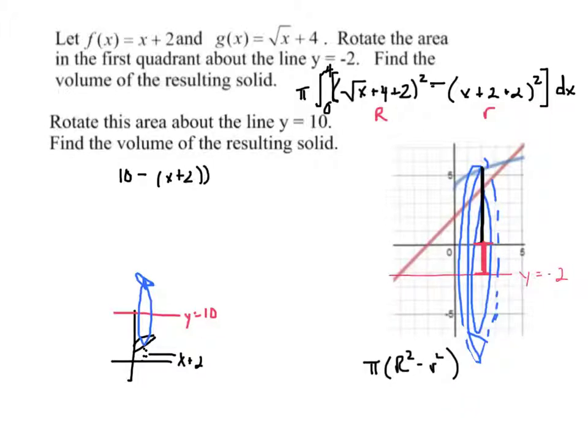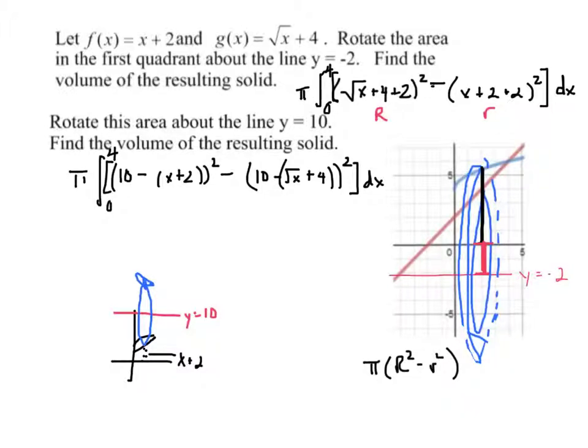So this is the big radius squared. And the little radius is 10 minus the square root of x plus 4, squared. This is the small radius. So again, we integrate. We'll put the pi up front. We go 0 to 4. Put a dx on this, and that would be the integral that would do it.